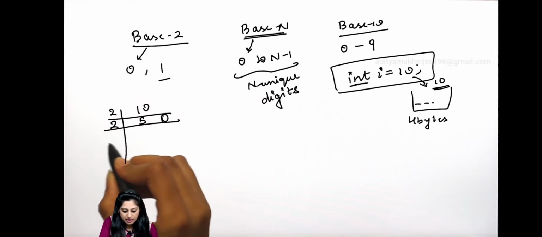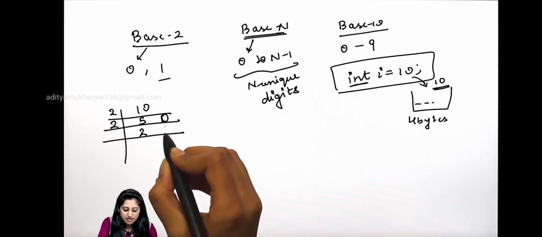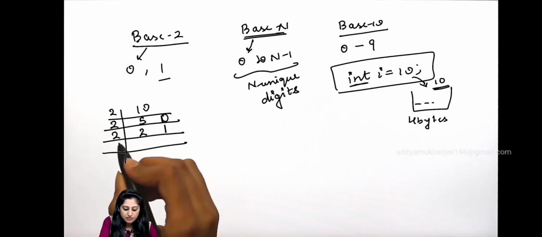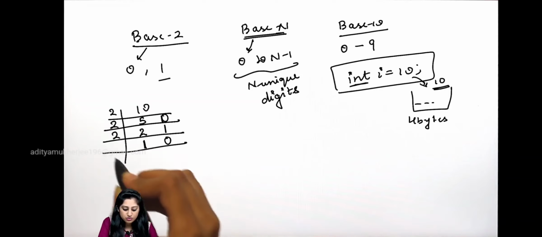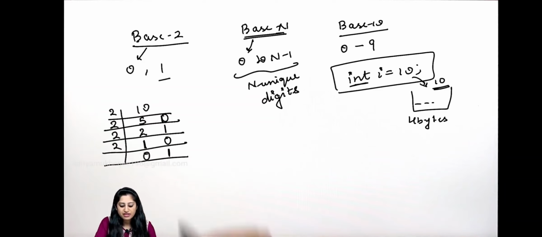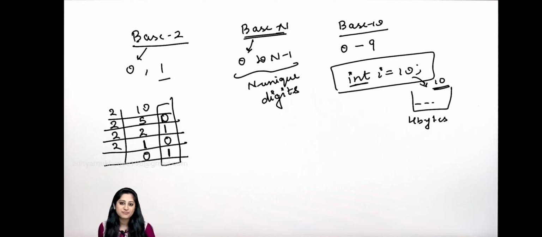Now divide by 2 again. Whatever quotient you get, which is 2 right here, and whatever remainder you get right here. Repeat the process. If you divide 2 by 2, quotient 1, remainder 0. Now if you divide 1 by 2, the quotient will be 0 and only 1 will be the remainder.